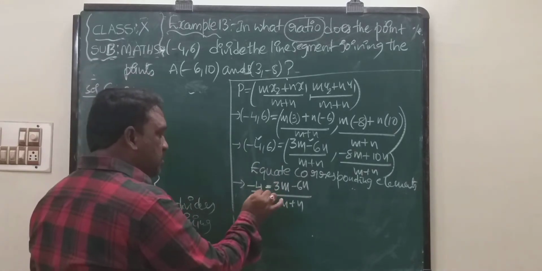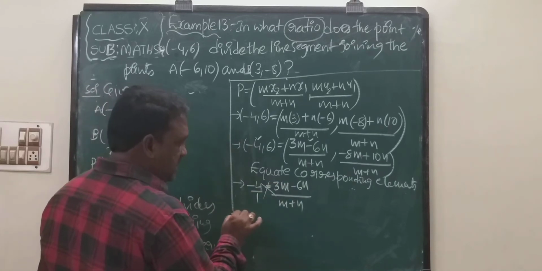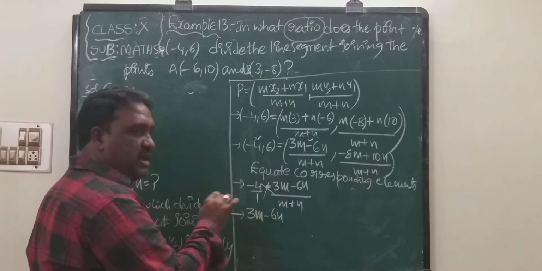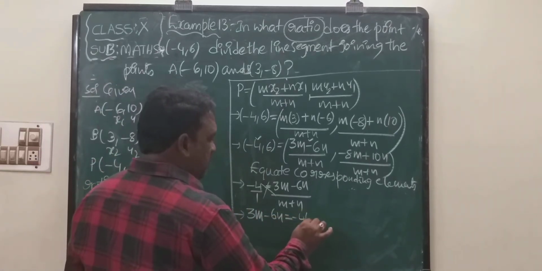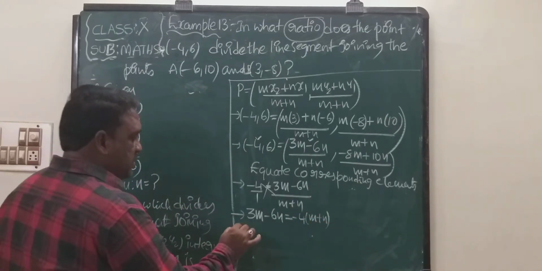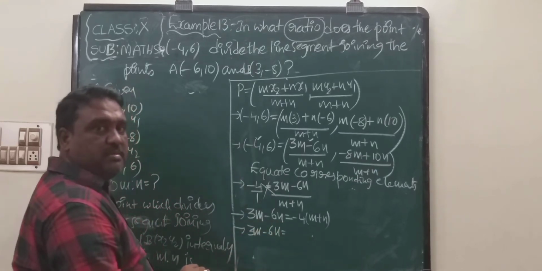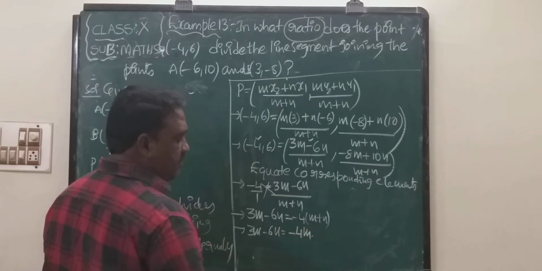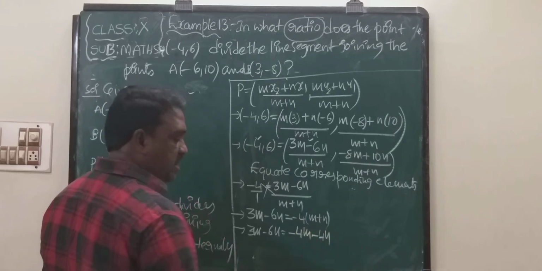Then here minus 4 by 1. Do cross multiplication. What do we get? 3m minus 6n with 1 means 3m minus 6n. Minus 4 into (m plus n). Minus 4 into m is minus 4m, minus into plus, minus 4 into n is minus 4n.